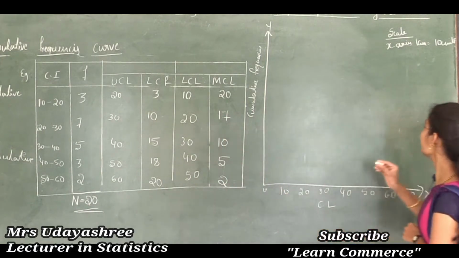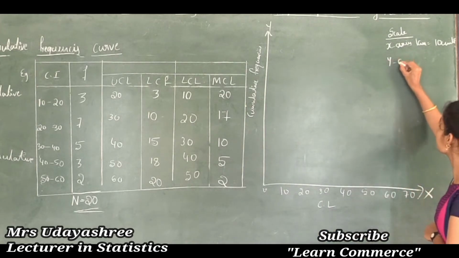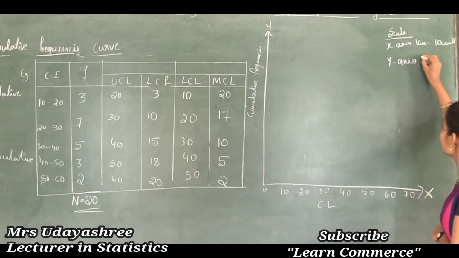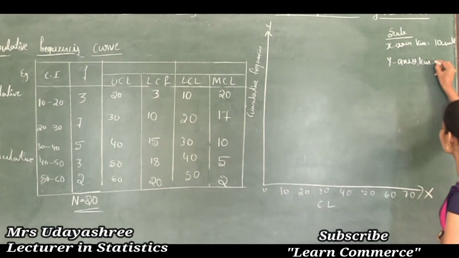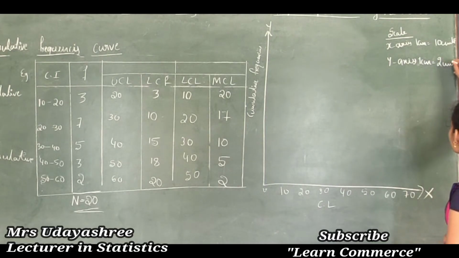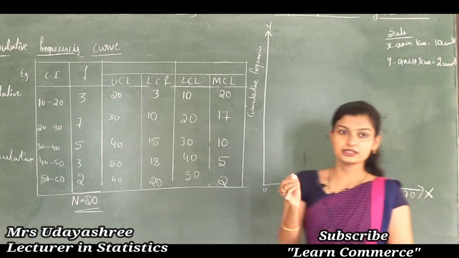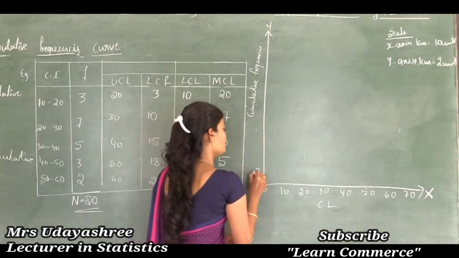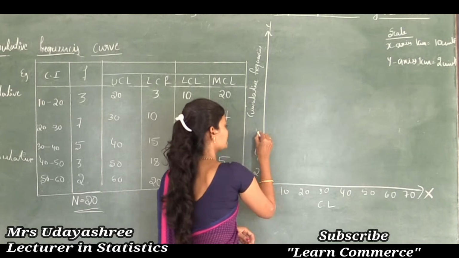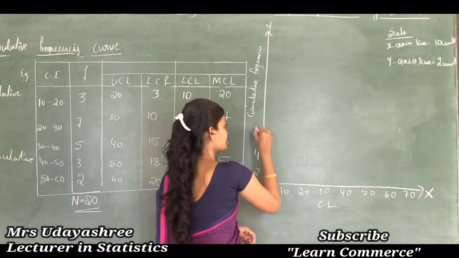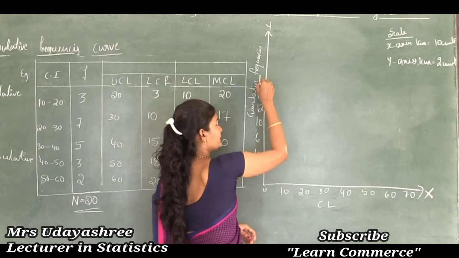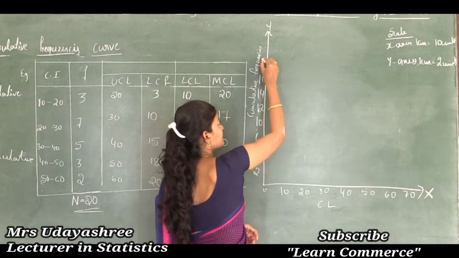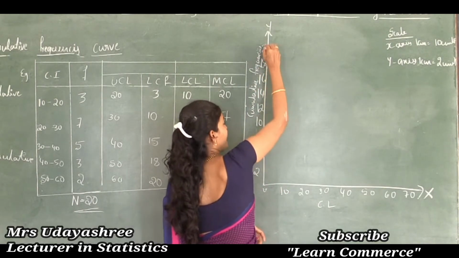Therefore, here I will take scale for y-axis, that is, 1 centimeter is equal to 2 units. So here it is 2, 4, 6, 8, 10, 12, 14, 16, 18 and 20.